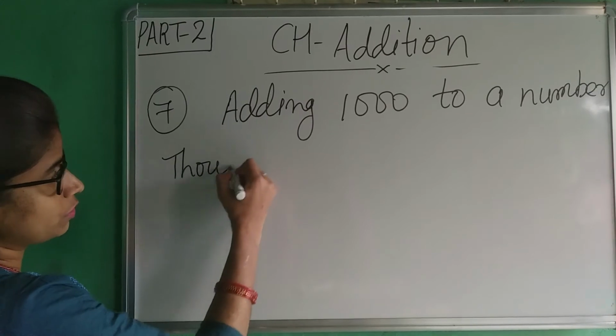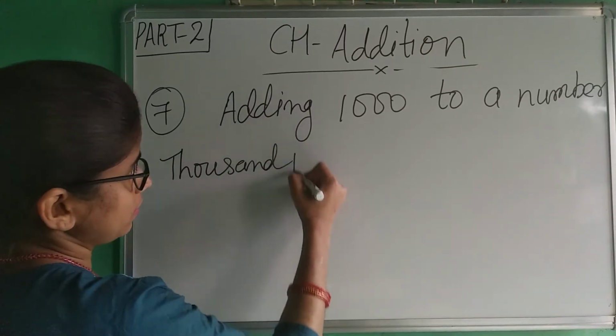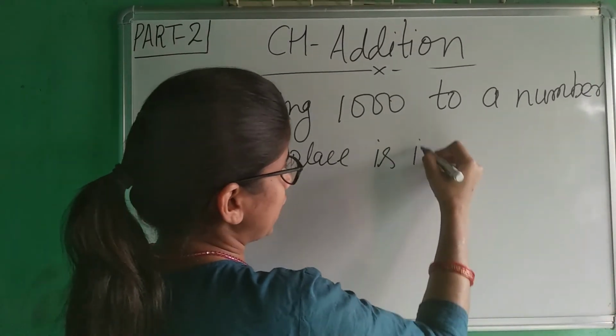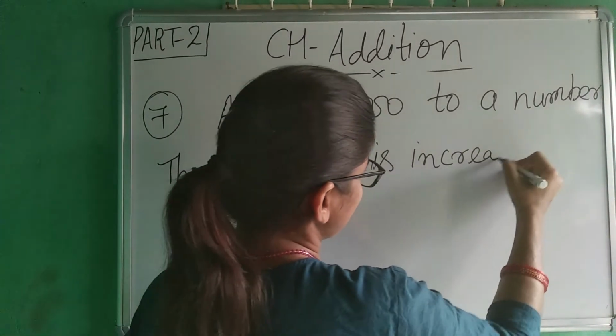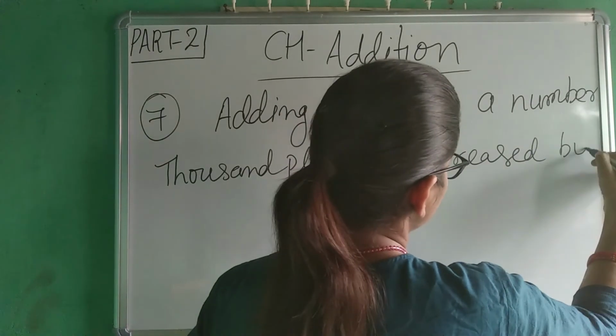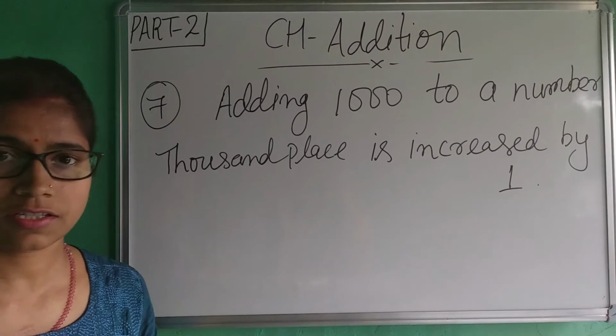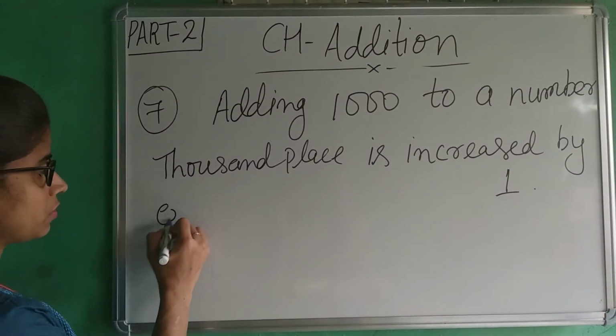As you know, your thousands place is increased by 1. The thousands place is increased by 1 according to the rule.